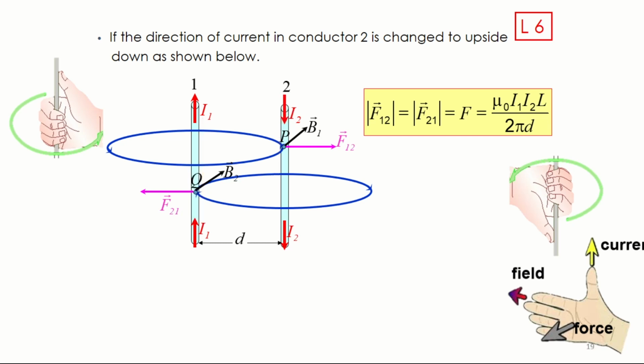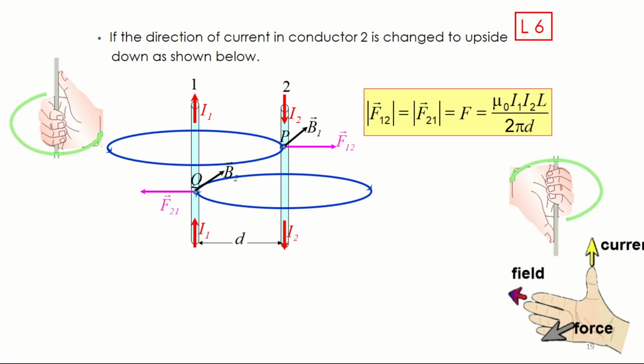So magnitude F12 equals magnitude F21 equals F equals mu naught I1 I2 L divided by 2 pi D. So it means that if the currents are in opposite directions, the two conductors repel each other.